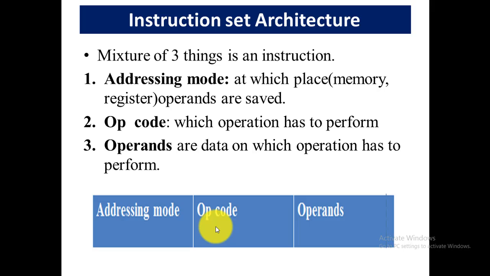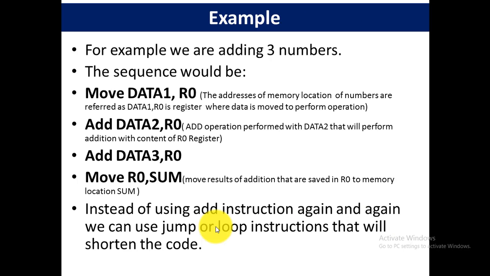Let's understand it with a simple example, of how we can add three numbers in assembly language and how we can use a loop in assembly language. So the example is that we are adding three numbers.